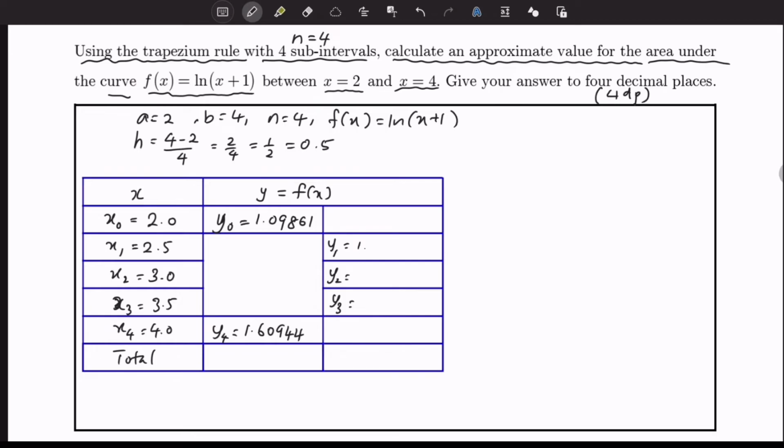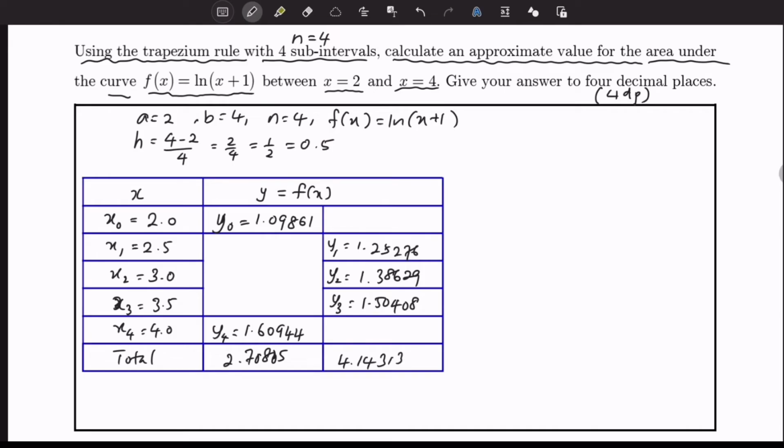Then 1.25276, 1.38629, and 1.50408. So you total up the values. Here we will get 2.70805, and here will be 4.14313.